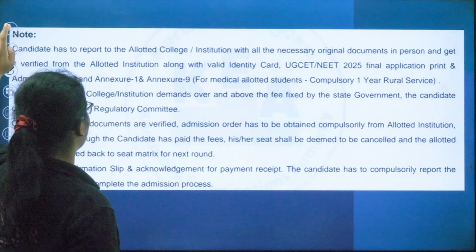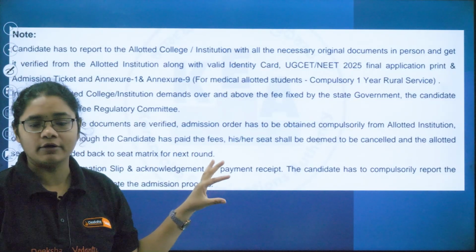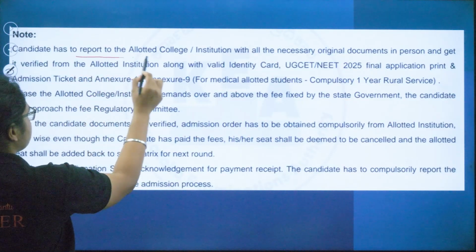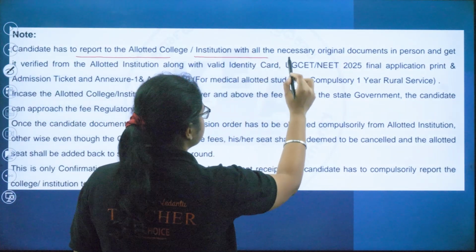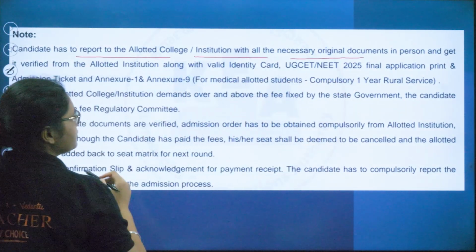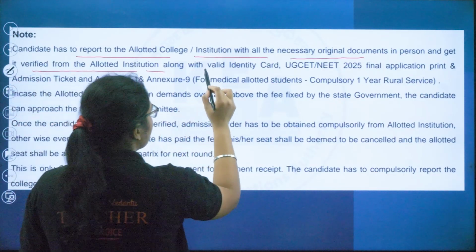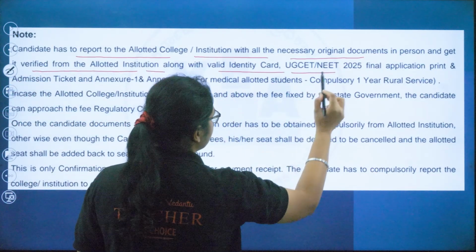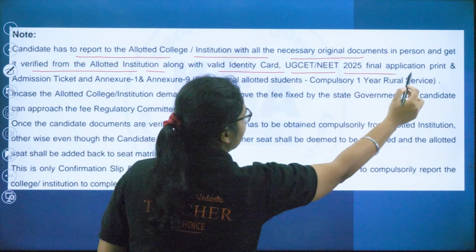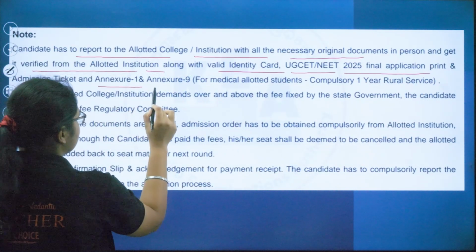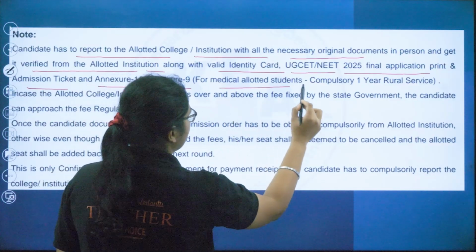Next, if you scroll down the confirmation slip, there is some important information as well. The candidate has to report to the allotted college or institution with all the necessary original documents in person and get them verified, along with a valid identity card, UGCET and UGNEET 2025 final application print, admission ticket, and Annexure 1 and Annexure 9 for medical allotted students.